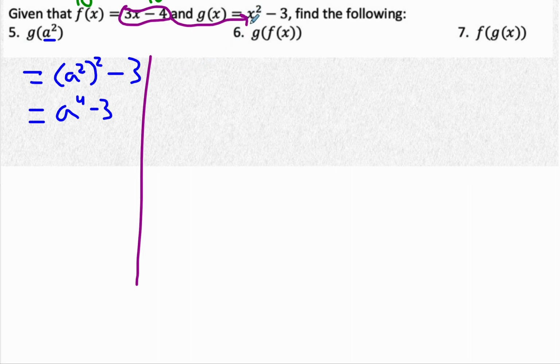Okay, so in place of x, I'm going to put 3x minus 4. Okay, so all I've done at this point is replace this x. I still have to do the rest of it. Squared minus 3. And when we have a binomial like this squared, the 3x minus 4, we're just going to go ahead and leave it like that. Okay, last one.